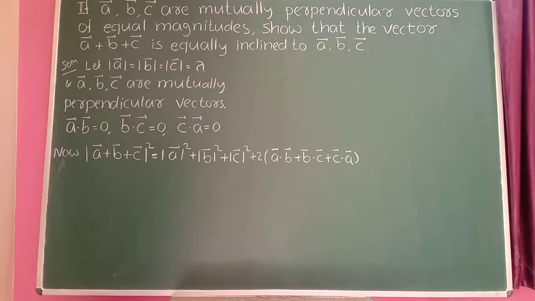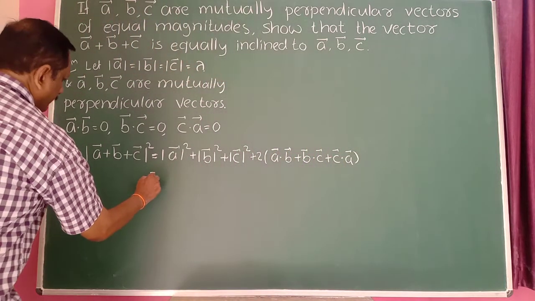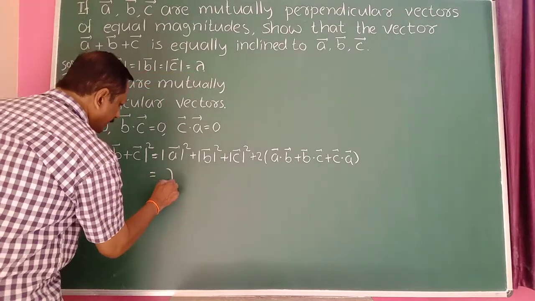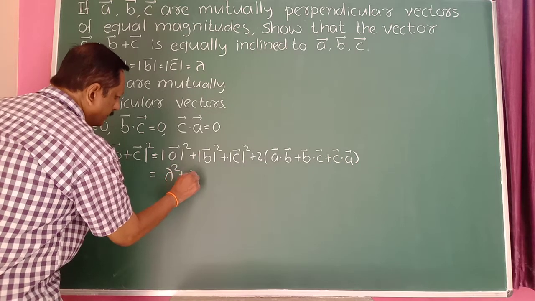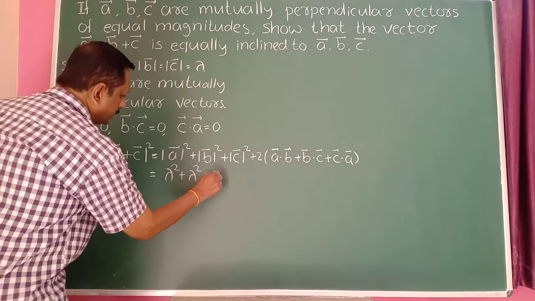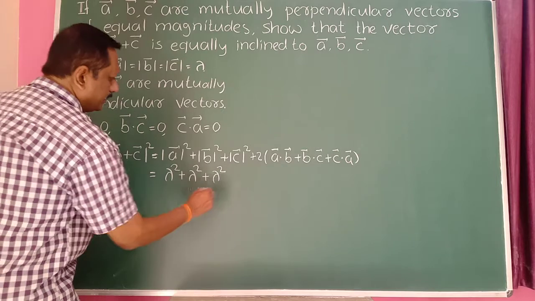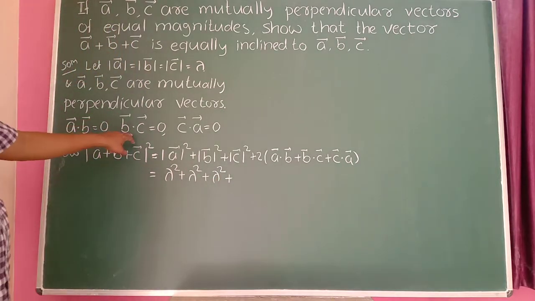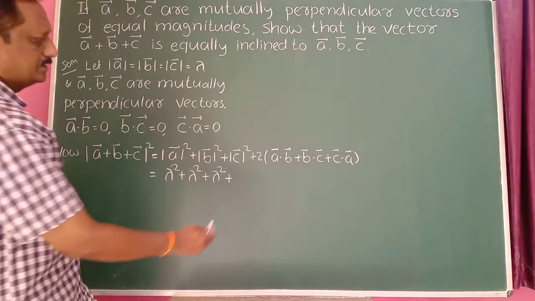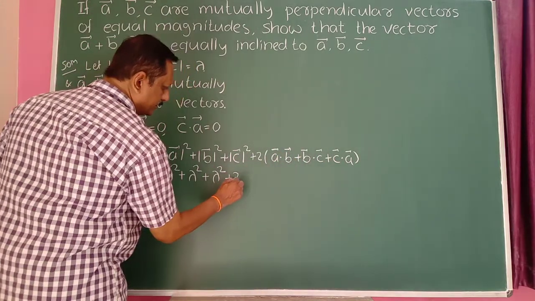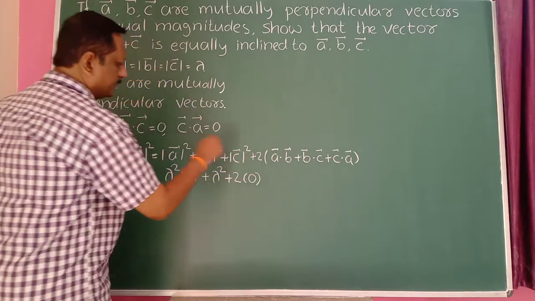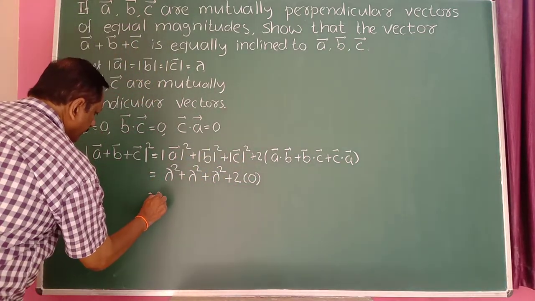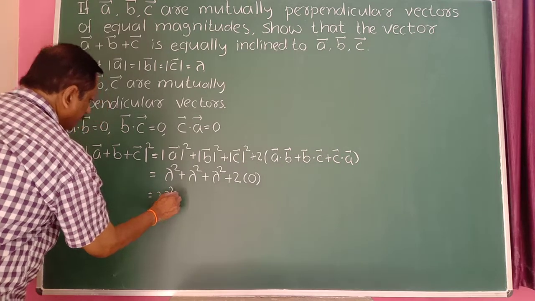Here each magnitude is lambda, so write lambda square plus lambda square plus lambda square. Then, since they are mutually perpendicular, these three dot product terms are 0, so this becomes 2 into 0. Lambda square plus lambda square plus lambda square gives 3 lambda square here.